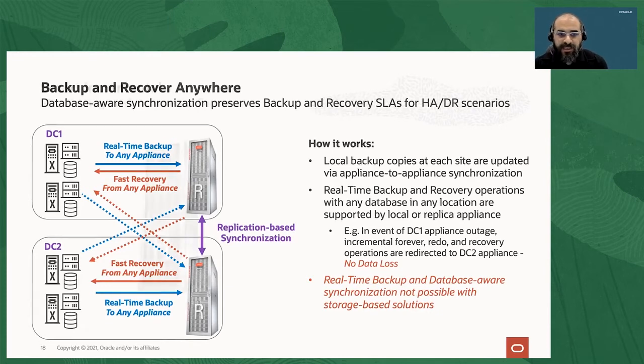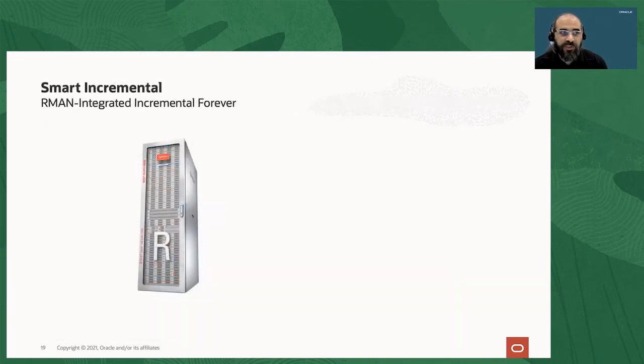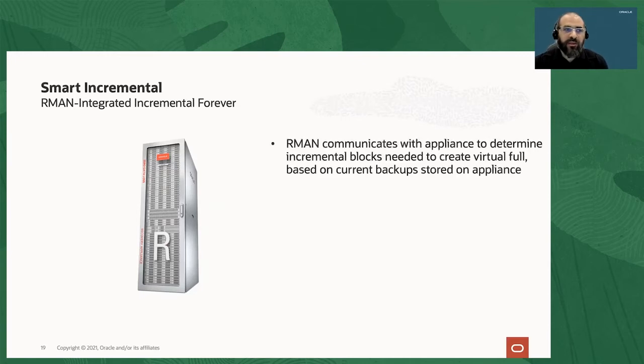Next is another important feature, the smart incremental. You already know about the incremental forever strategy for the ZDLRA. Now we introduce what we call the smart incremental. What does it do?